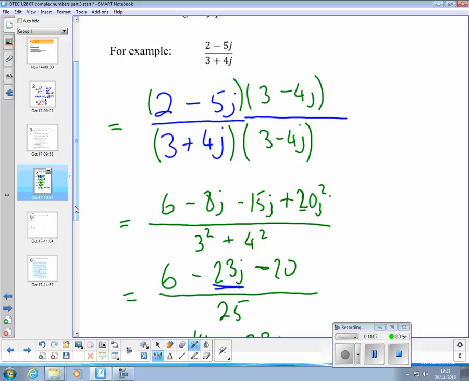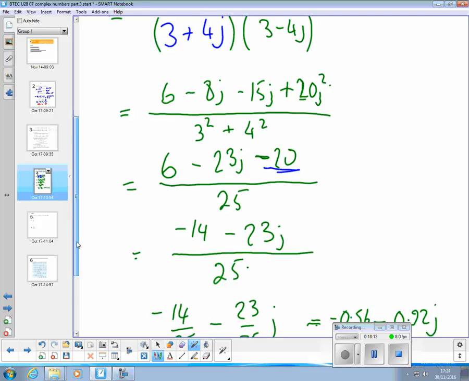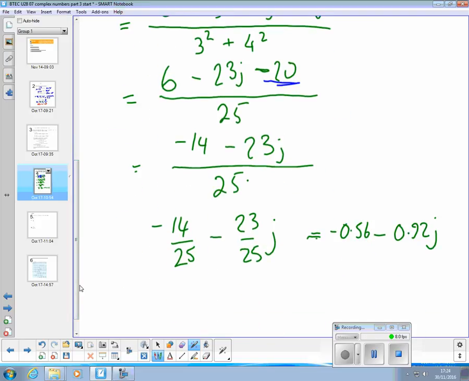The j squared here changes the sign of the constant, so that becomes minus 20. 6 minus 20 is minus 14. Minus 23j over 25. We can split that into fractions, and that'll be exact. Or, if you so wish, you can turn it into decimals, and you will round it and have inaccuracy.